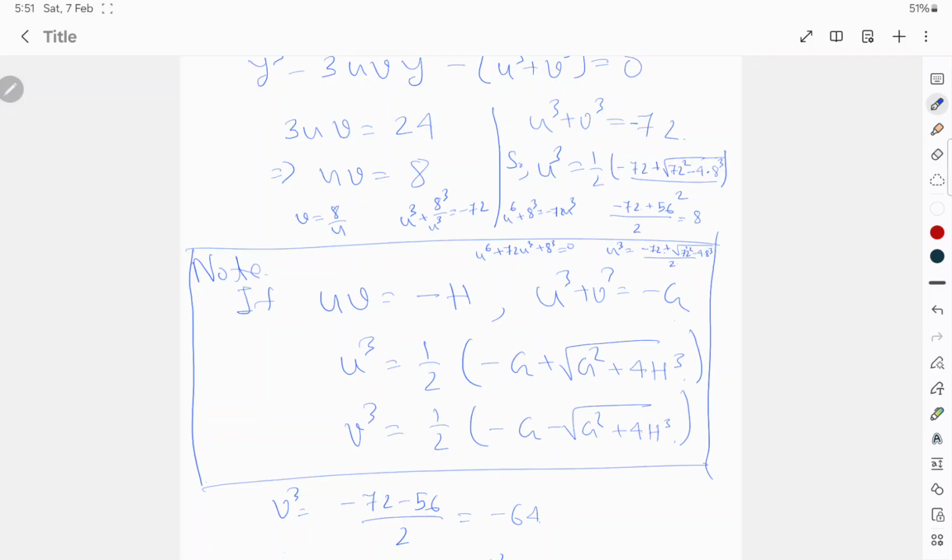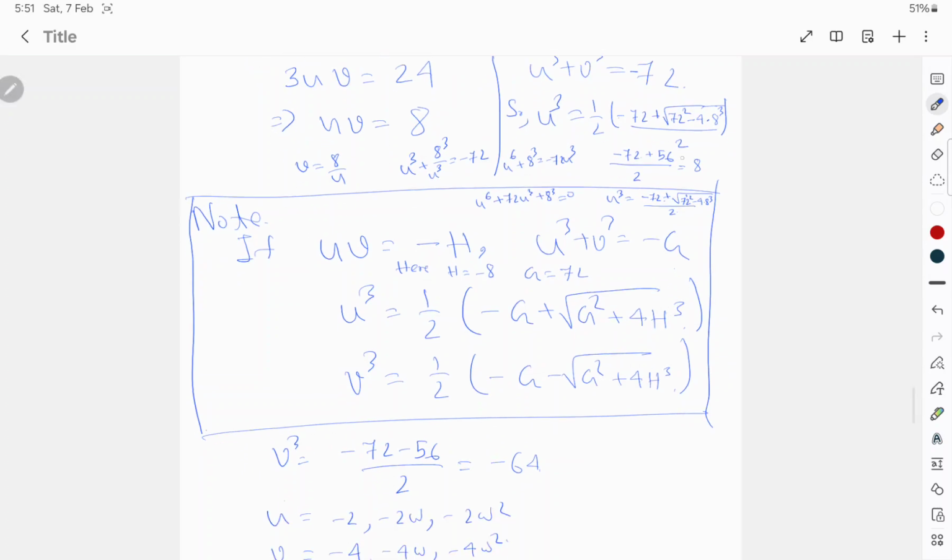So in this way you have to think. If you compare, you better write here h equal to minus 8 and g is equal to 72, then you apply the formula, it will be better. Otherwise you will make mistakes with the sign. So you just apply the sign, and you are getting the u^3 value.